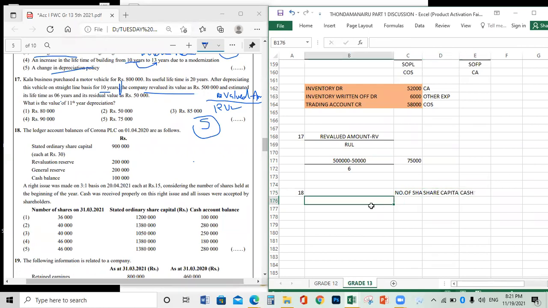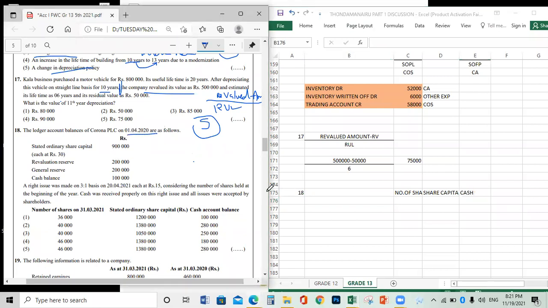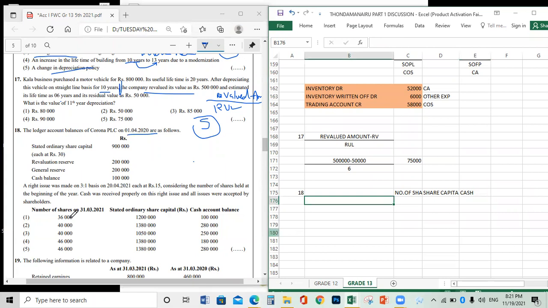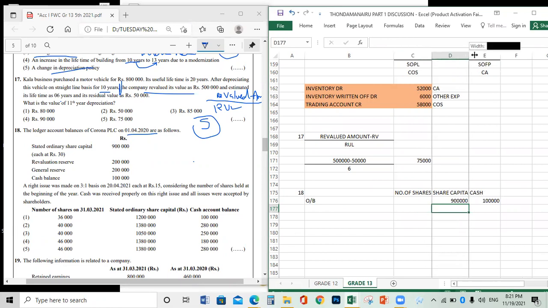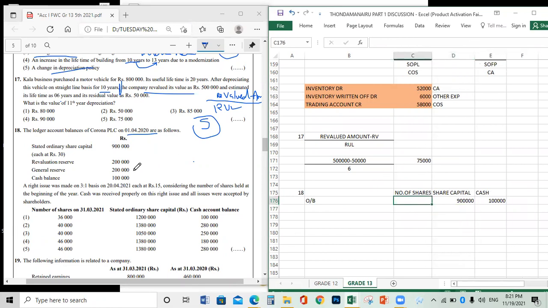So guys, they say that they have given the opening balances and they are asking you to find the closing. So first of all I'll put the opening balance. They say opening share capital is 900,000. Opening cash is 100,000. I first of all record the opening balance.